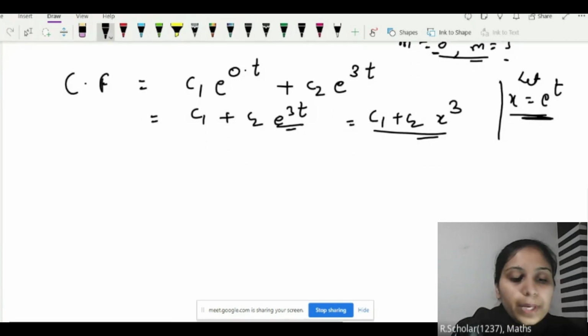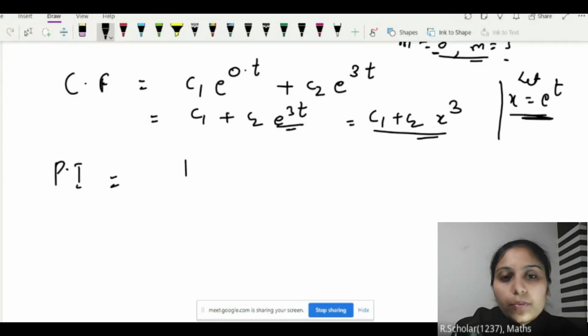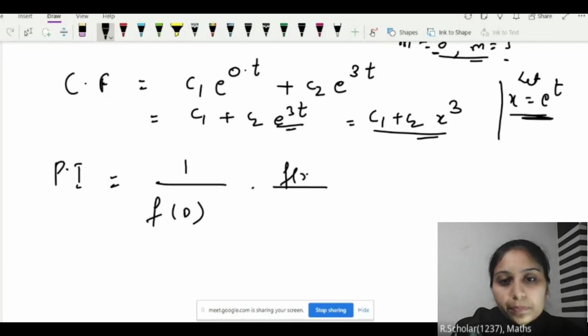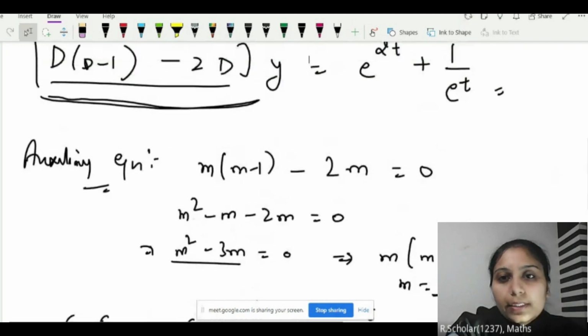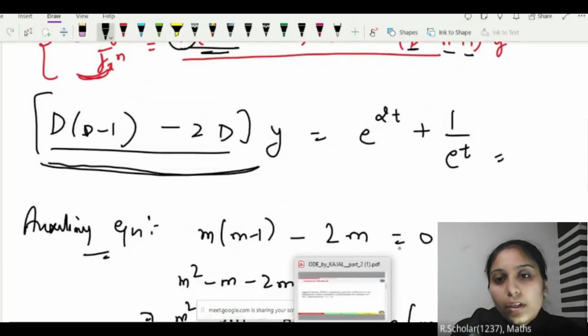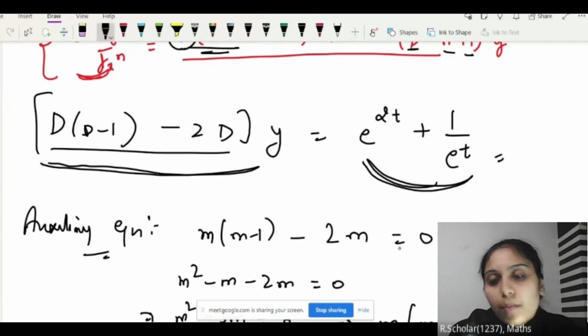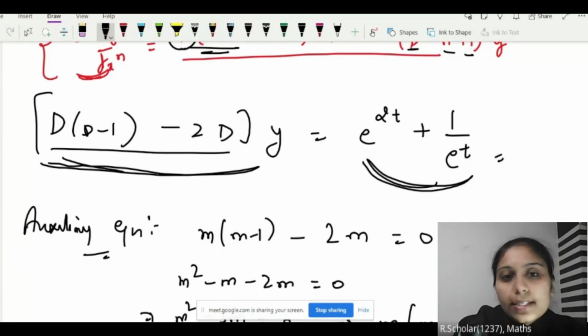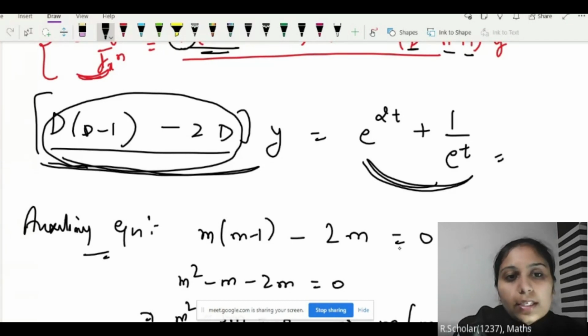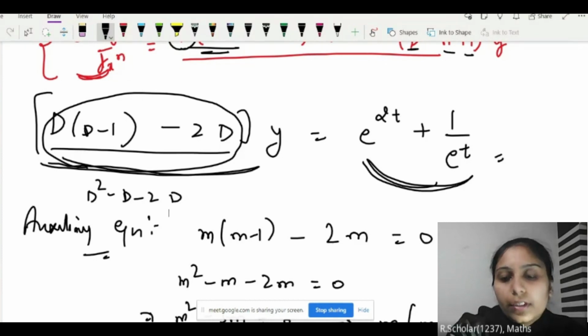Similarly, we find PI, particular integral. For finding particular integral, we write 1 upon f of D into that non-homogeneous part. So here we have the non-homogeneous part in the converted equation of t, e raised to power 2t plus 1 upon e raised to power t, and this is our f of D, which is D square minus D minus 2D, or we can write it as D square minus 3D.